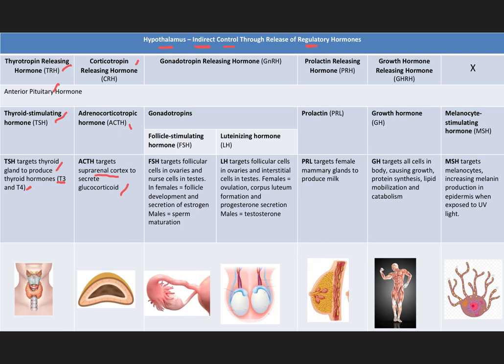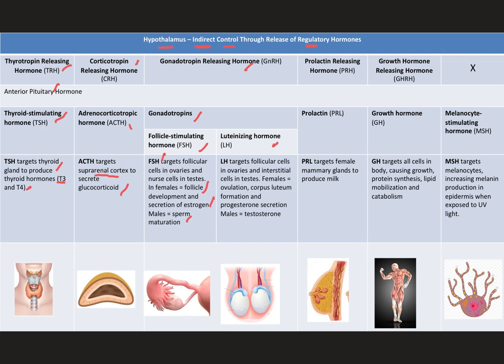Then we have the gonadotropin releasing hormone that will act on the anterior pituitary gland to release the gonadotropins, which are two, the follicle stimulating hormone and the luteinizing hormone. Both of them will have an influence in males and females. With regards to the follicle stimulating hormone, in females, it will be responsible for the follicle development and secretion of estrogen, and in males, it will be responsible for sperm maturation.